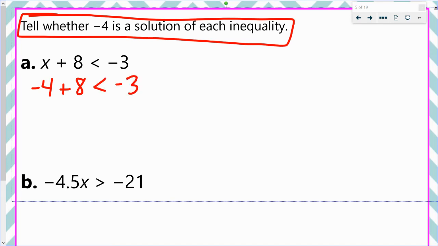I'm going to clean up. -4 plus 8 is 4, less than -3. And now what you want to do is you want to say to yourself, well, is 4 less than -3? 4 is not less than -3. So this would be no.